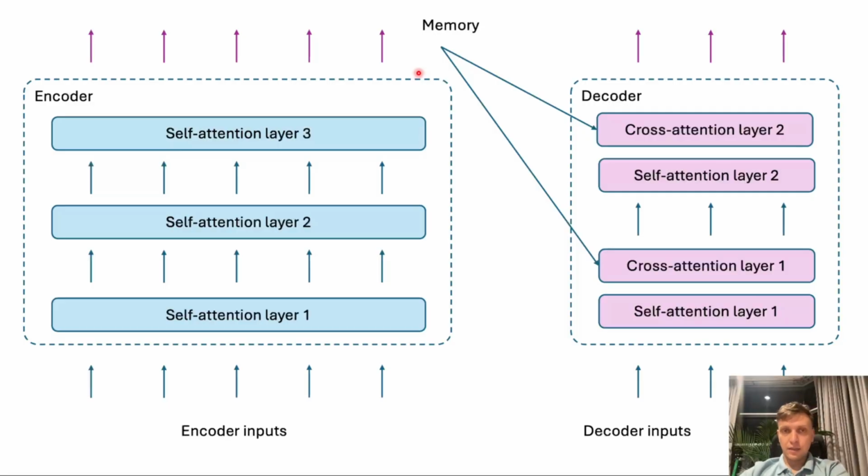Then we have another part of the model, let's call it the decoder here, that uses both self-attention and cross-attention layers. Self-attention layers look at all the inputs of this decoder. Cross-attention layers look at the memory that we already computed using the encoder.